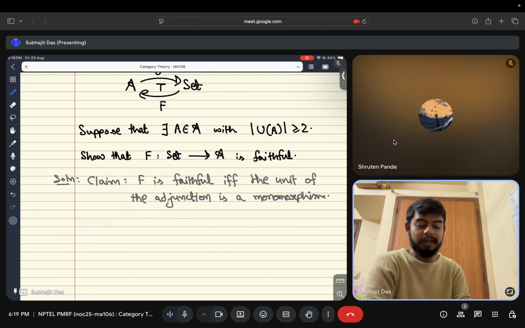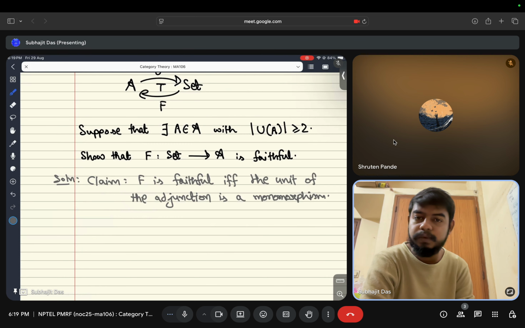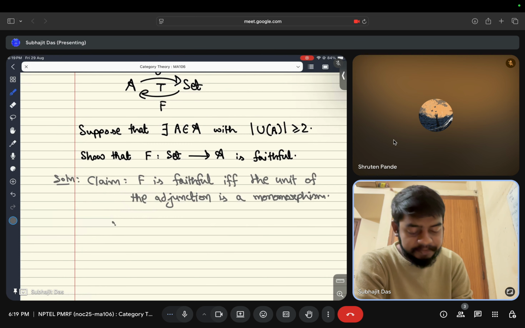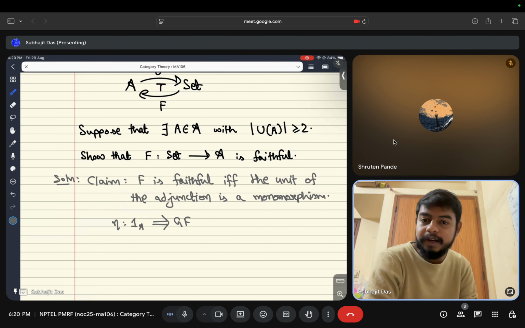Okay. So what does it mean to say that eta is a monomorphism? We'll always denote the unit of an adjunction by eta. So eta from 1_A, the identity functor on A, into GF is the unit of your adjunction.